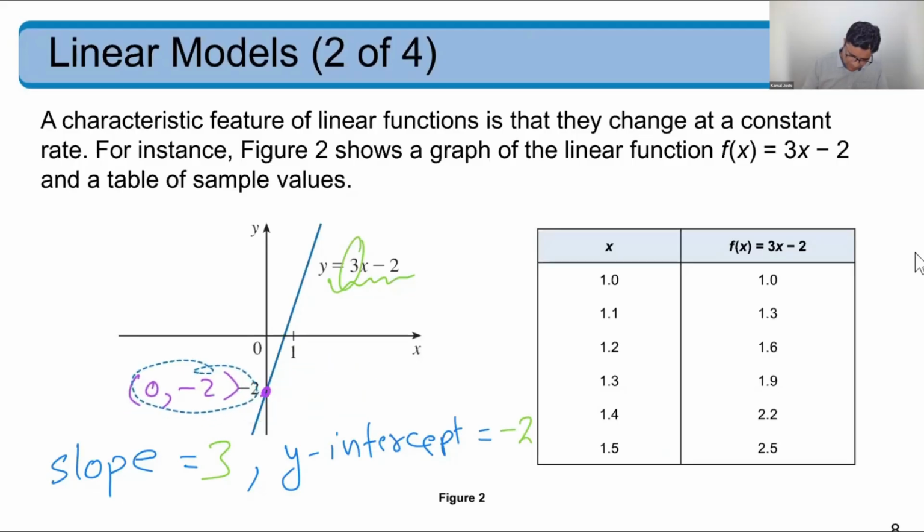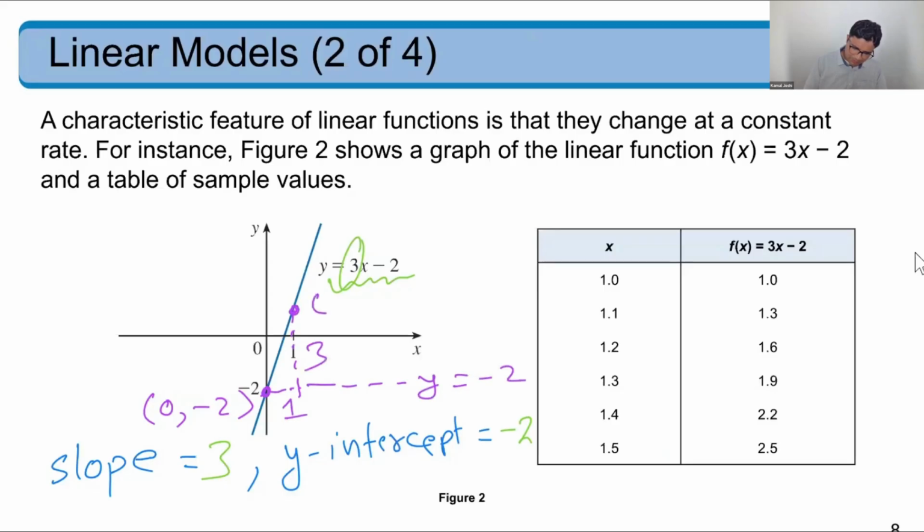That's (0, negative 2) as the point. If I move from 0 to 1, 1 unit, then we should rise 3 units up. This point is at the level y equals negative 2, so if you go 3 units up, you will reach (1, 1).